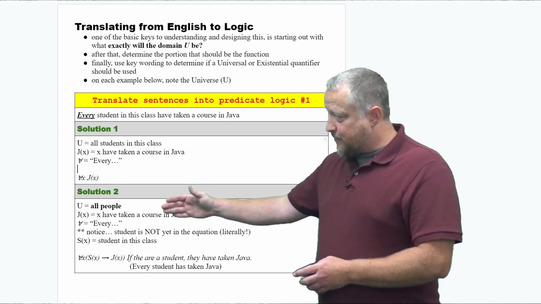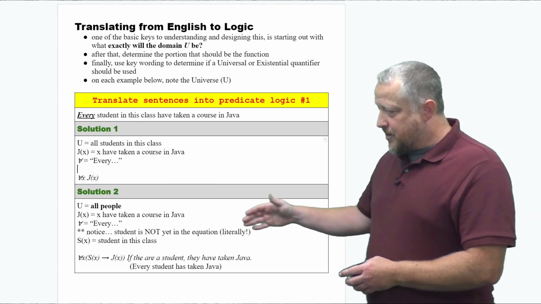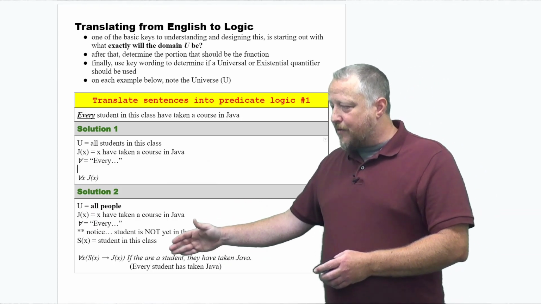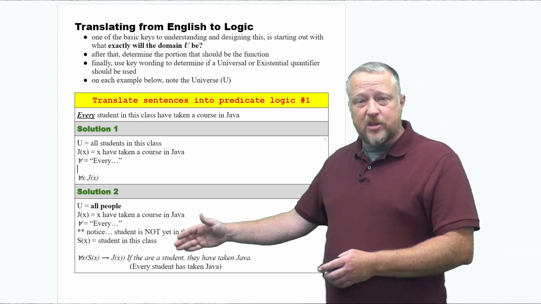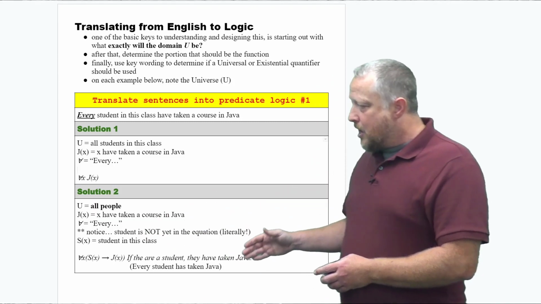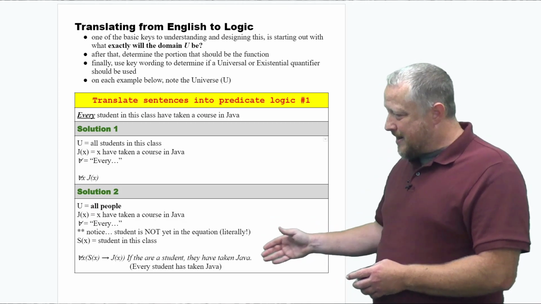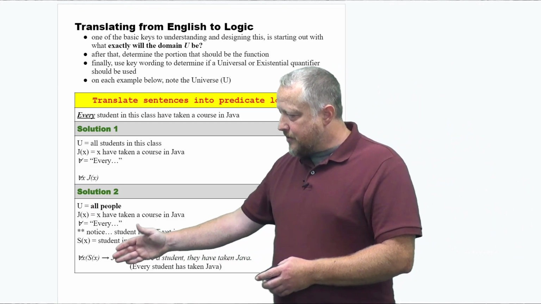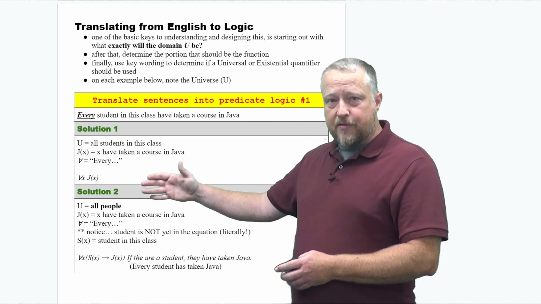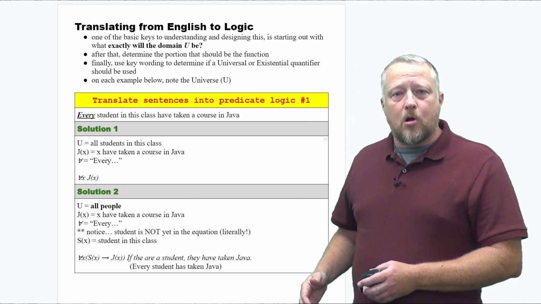Now, it's very different when it's all people. This time we are going to have a function that's going to be for the students that are in the class, and then they have taken Java, and again, still looking for every. So notice this time, students are actually part of the function, and that's why we have this crazy result, which is very different than the other one, because this one, it was all people, and not all people are students.